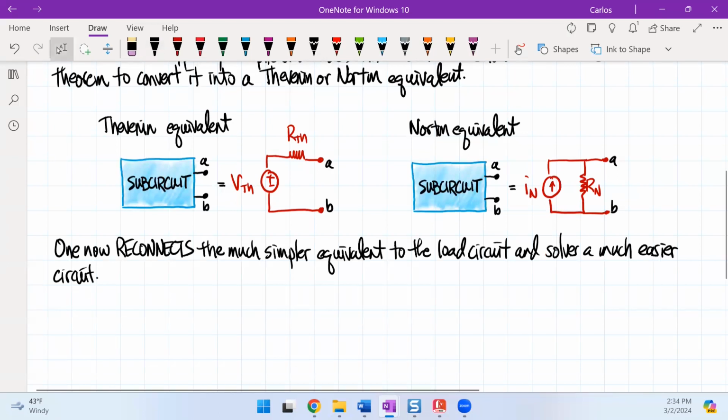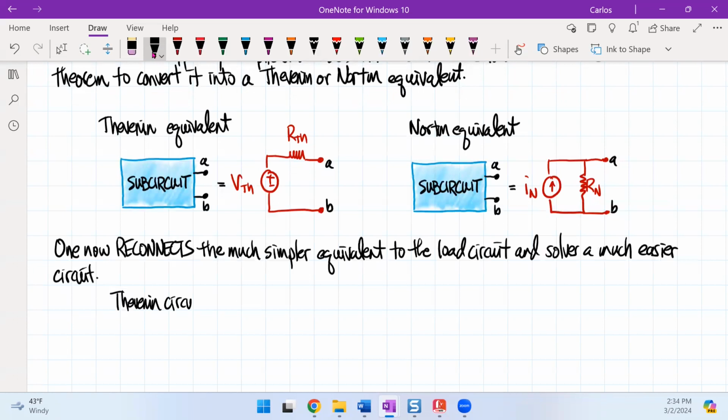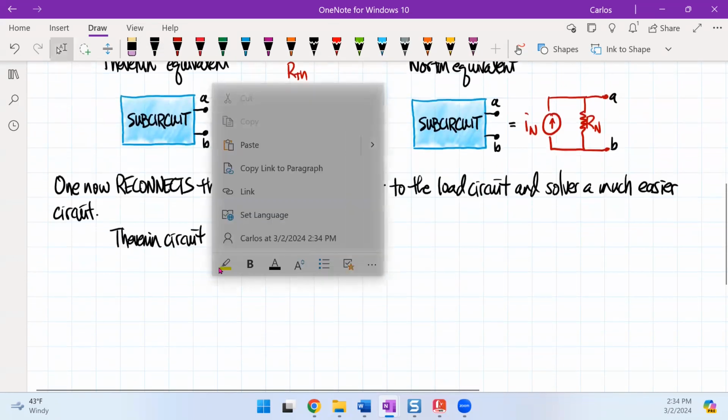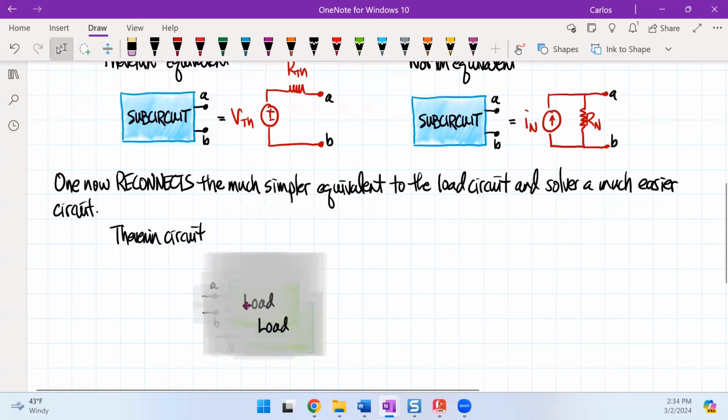So in other words, I have this situation. I have a load. If I look at a Thevenin circuit, here's my load right here.